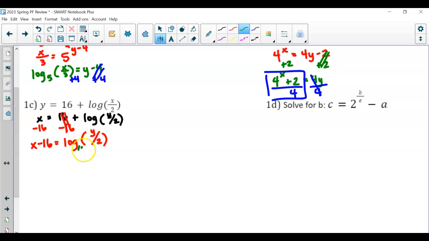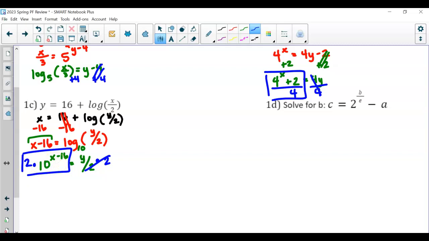It's a common log, so the base is 10. So this is 10 to the x minus 16. Keep it all together because all of that is your exponent. All together is equal to y divided by 2. So now what do we need to do here to solve for y? Multiply both sides by 2. And this is the inverse function, 2 times 10 to the x minus 16.